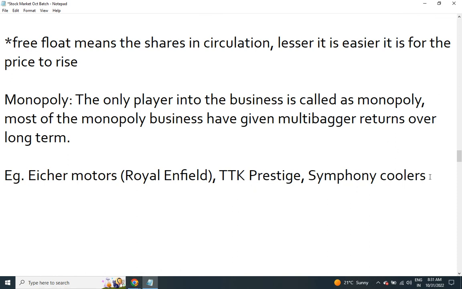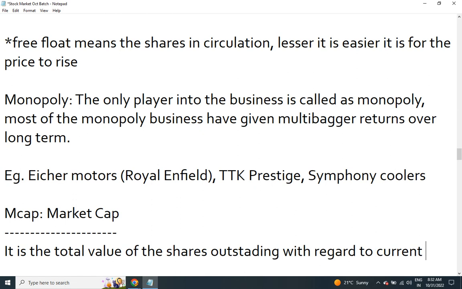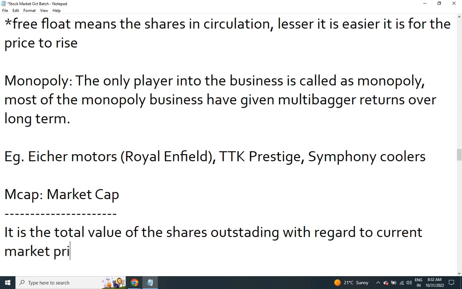Alright, so the first ratio that you will have to look at is the market cap. What exactly is the market cap? It is the total value of the shares outstanding with regard to the current market price.